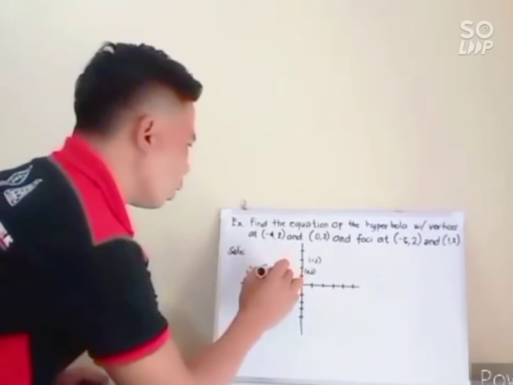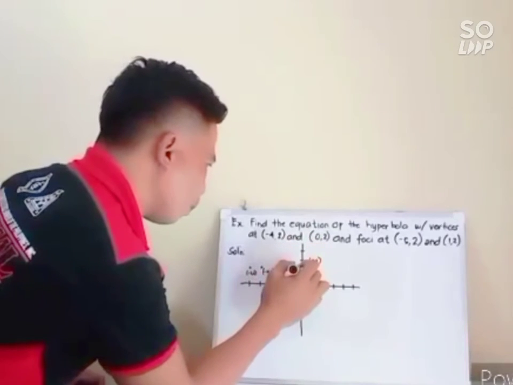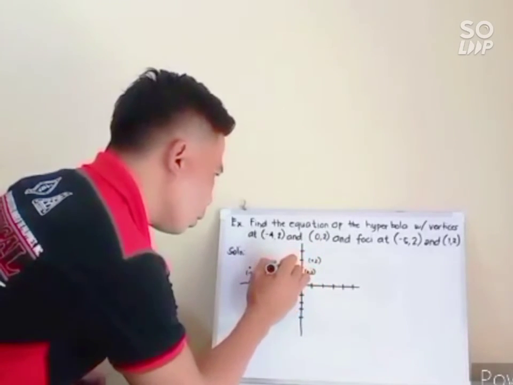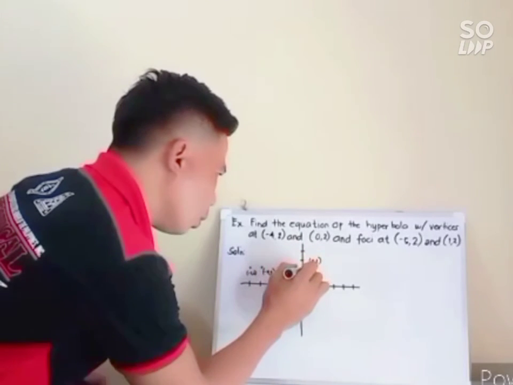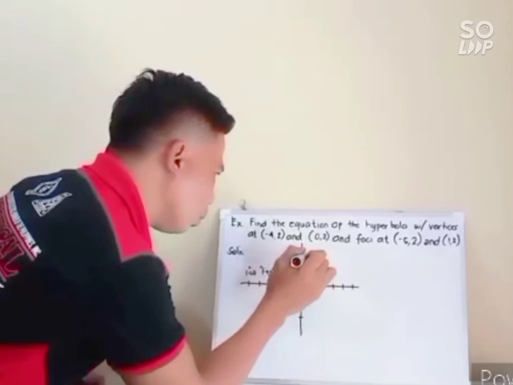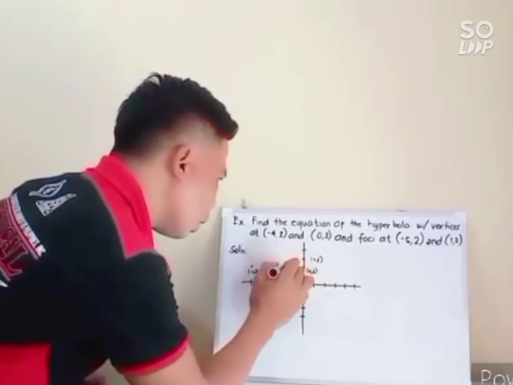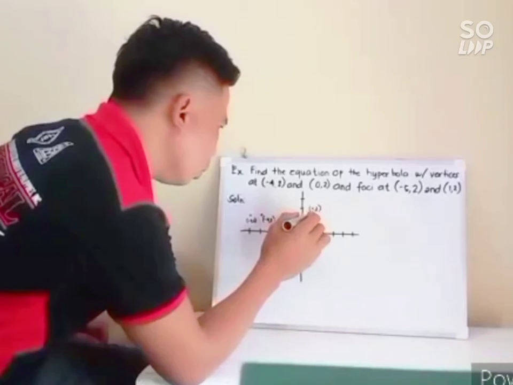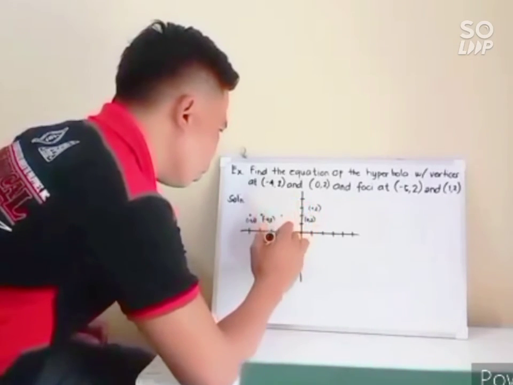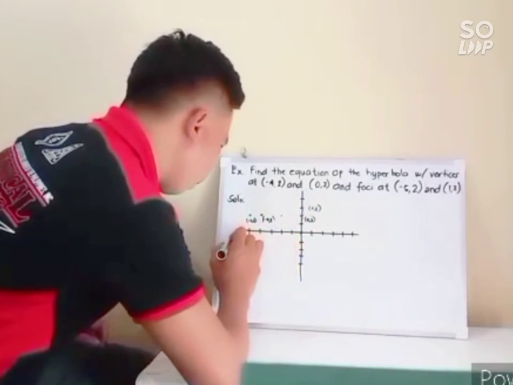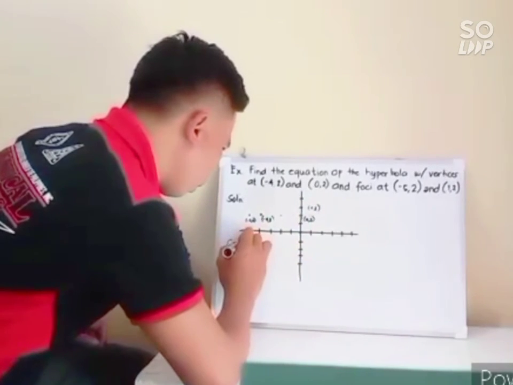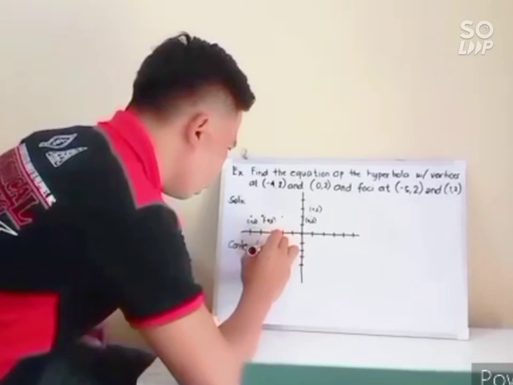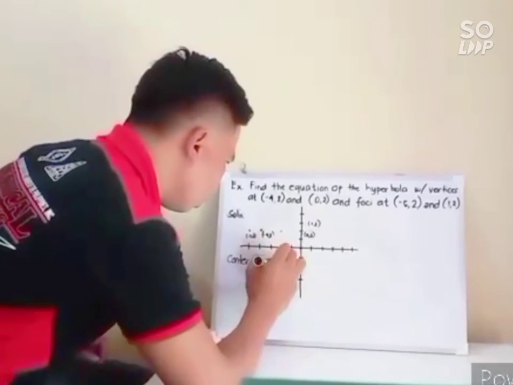Our center, from the two vertices, is the point (-2, 2). So our center is at point (-2, 2).